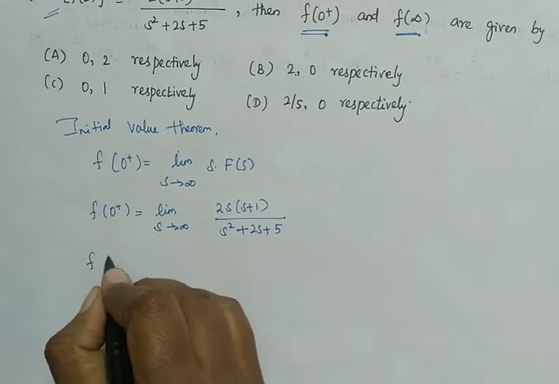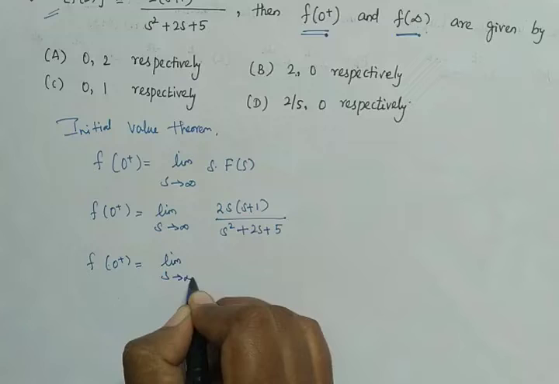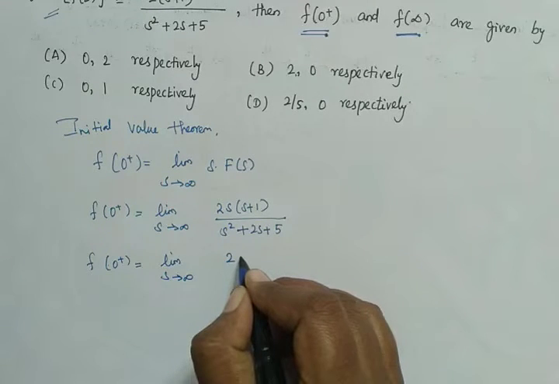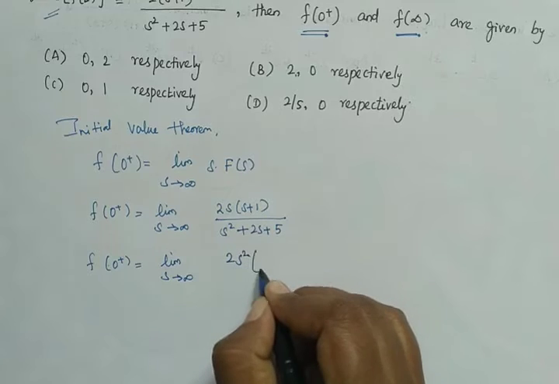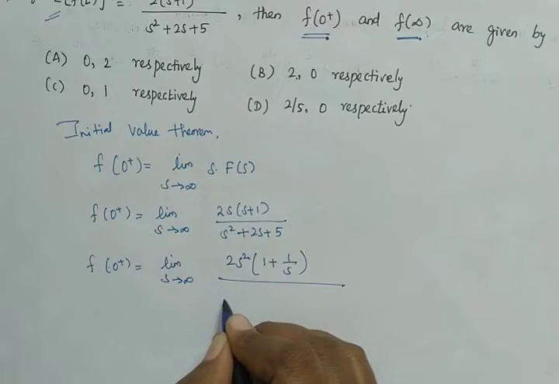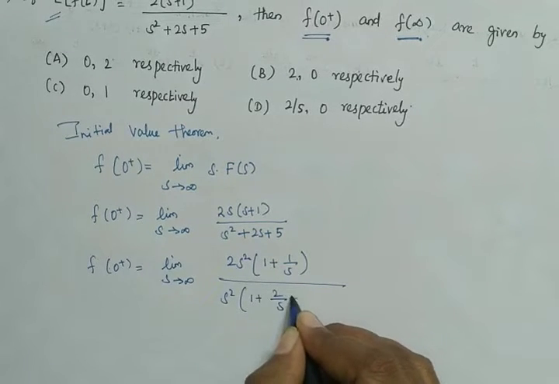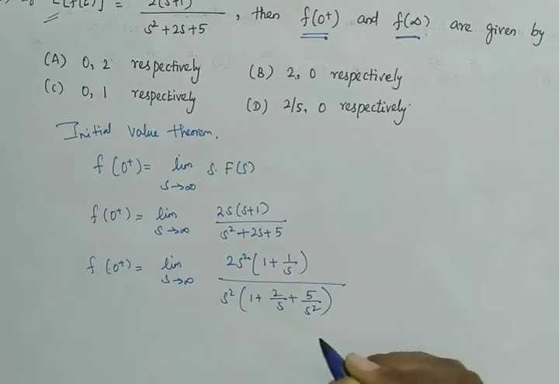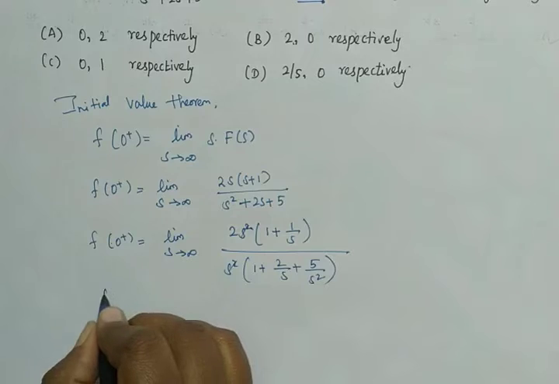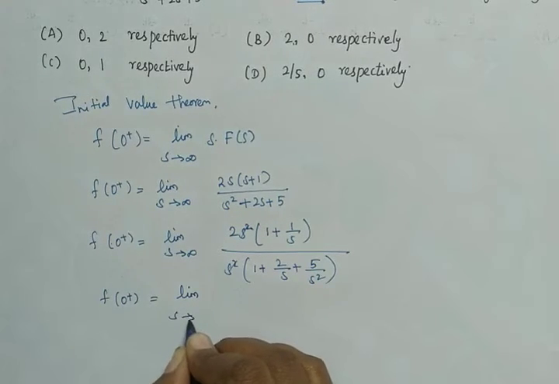Therefore we can write the initial value as limit s tends to infinity of 2 into, now multiplying, we can take s common, so s square into 1 plus 1 by s, the whole divided by, and here also we can take s square common, so 1 plus 2 by s plus 5 by s square. So the s square cancels, and the initial value will be equal to limit s tends to infinity.